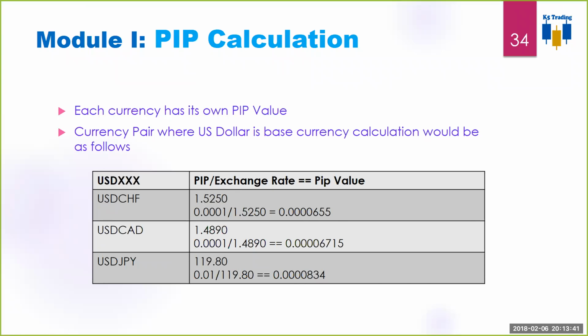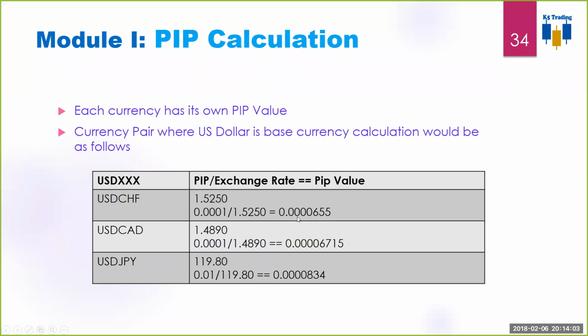We always know that a single pip is the 4th digit after the decimal point, so 1, 2, 3, 4. That's 1 pip divided by 1.5250, and that comes up to 0.0000655. So that's the value of 1 pip in this currency pair.